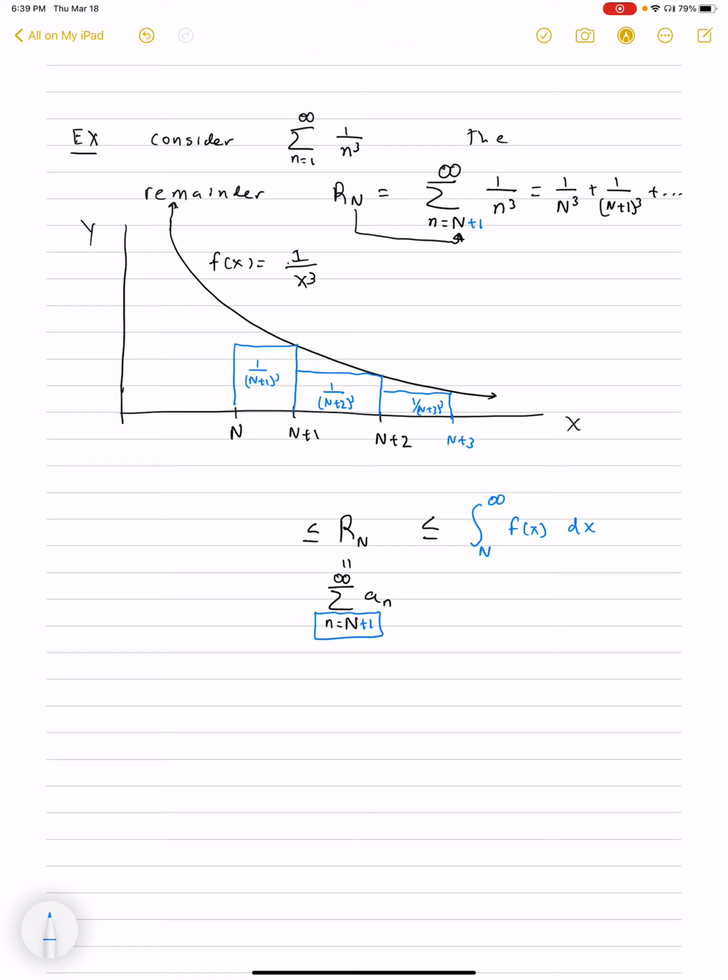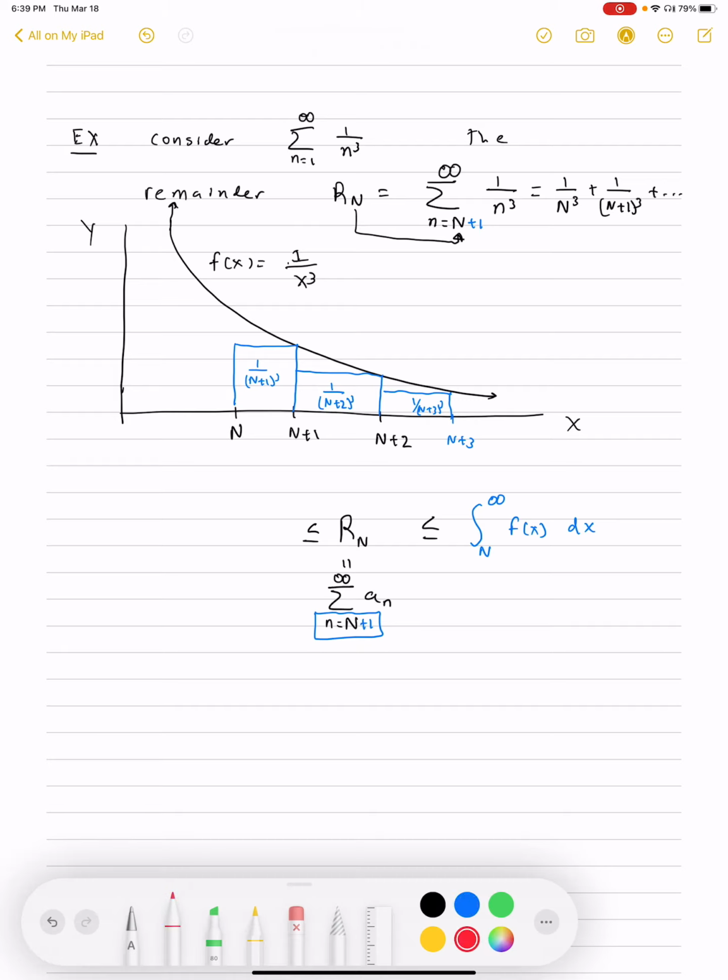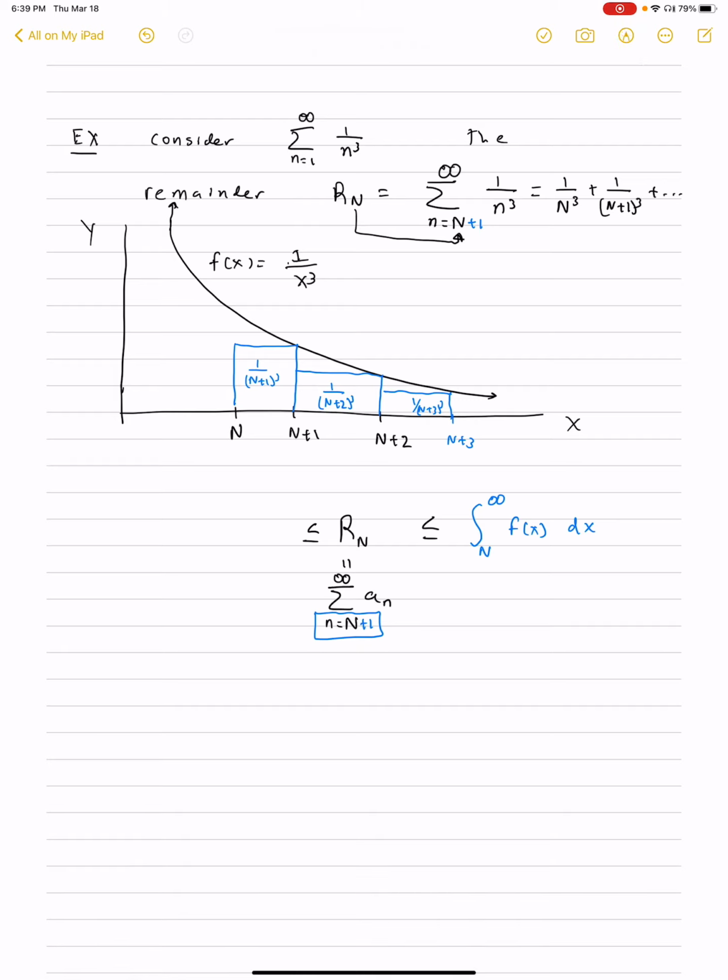Now let me draw the next set in red. What I'm going to do now is start at n plus 1 again, but I'm going to inscribe area this way.